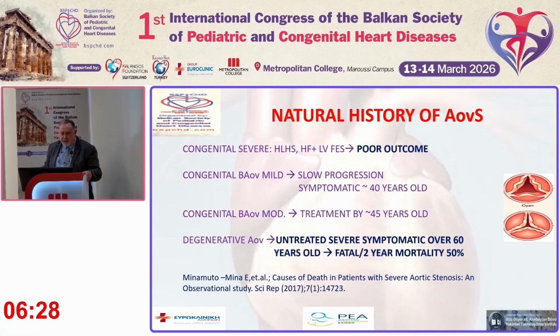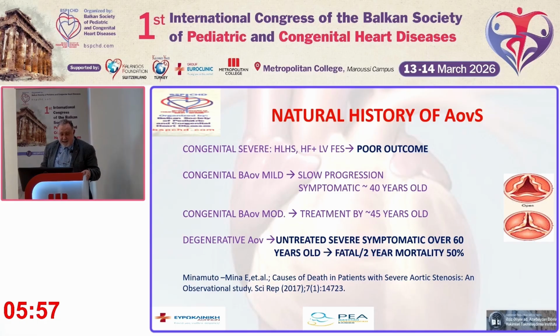Now, two words just for the natural history, finishing this presentation. Congenital severe stenosis goes through in fetal life to hypoplastic left heart syndrome and will have a poor outcome, as we have discussed until now. Congenital mild bicuspid aortic valve has a slow progression. It will become symptomatic near 40 years old.